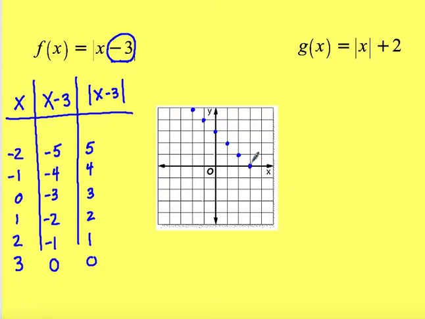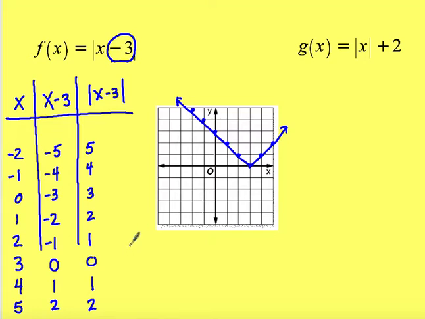So I haven't started back up the other side yet. 4 minus 3 gives me 1, and there it is. 4, 1, and now I'm going to start making my way back up. 5 minus 3 is 2, and the absolute value of 2 is 2. So I can continue that trend knowing that I found where that V is located.